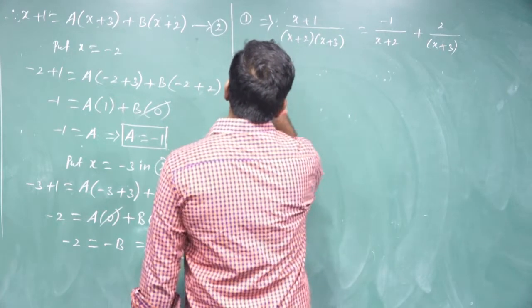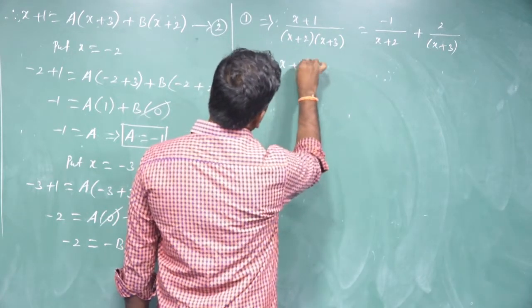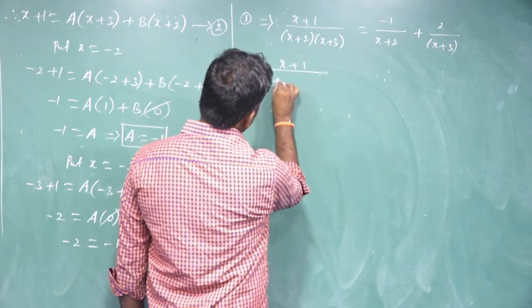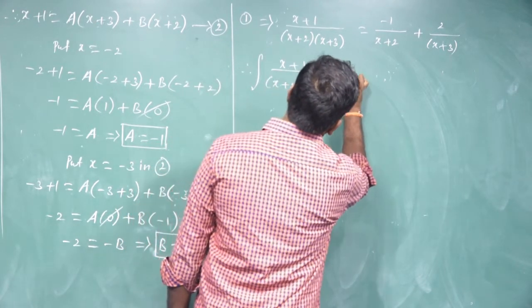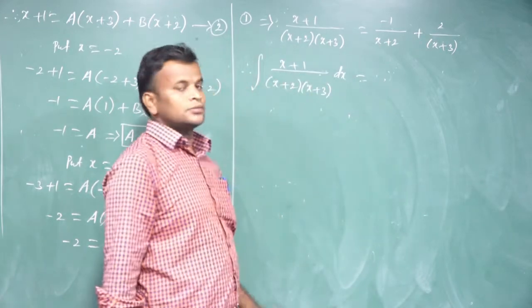The next step is taking integration: the integral of x plus 1 divided by x plus 2 into x plus 3 into dx. Actually, it is our question.